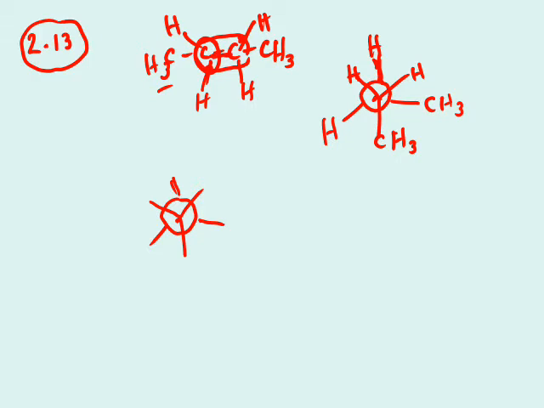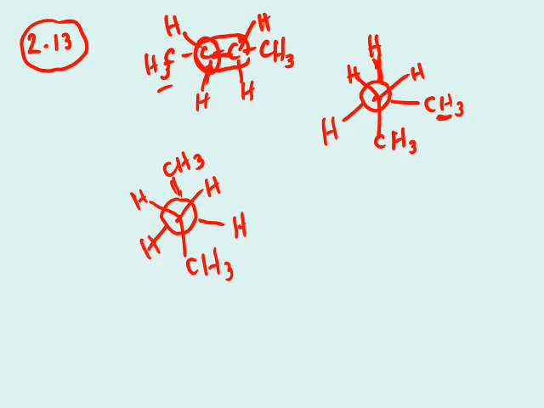Okay, now let's keep the first methyl group intact, and obviously we had other hydrogens. Now instead of putting the methyl group here, I'm going to put the methyl group on the completely opposite side of the first methyl group. And then now stick in hydrogens.